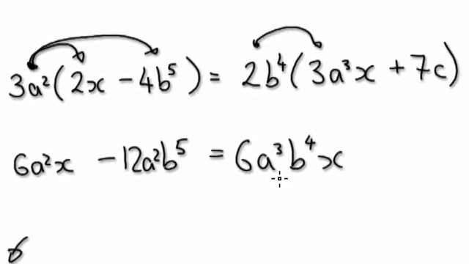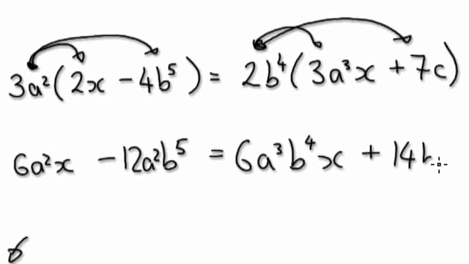I'm just keeping everything in alphabetical order. It doesn't matter if it's 6b to the power 4a squared. It doesn't matter. So now it's plus, now this times this. So that would be 14 b to the power 4 c.